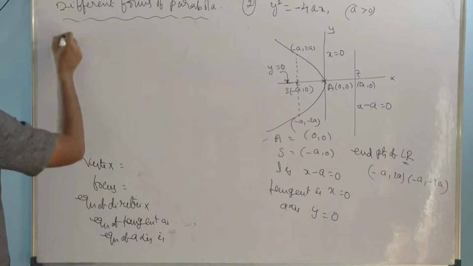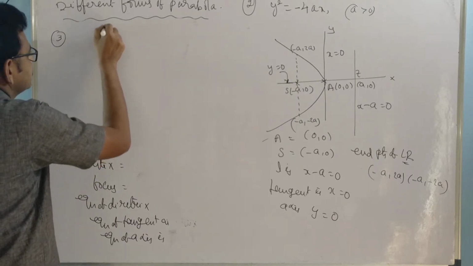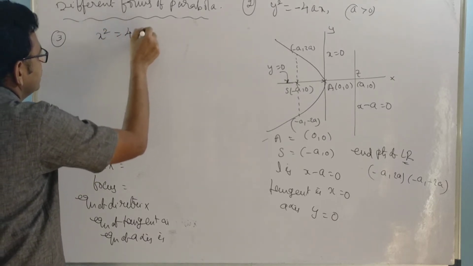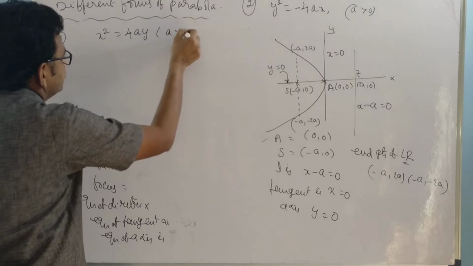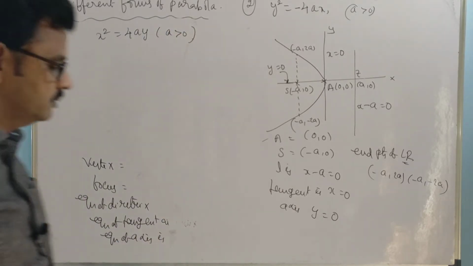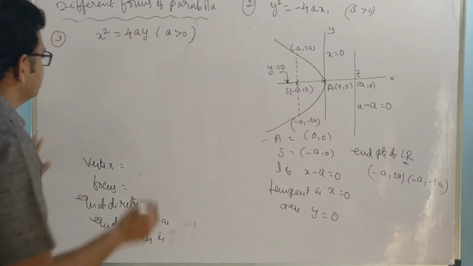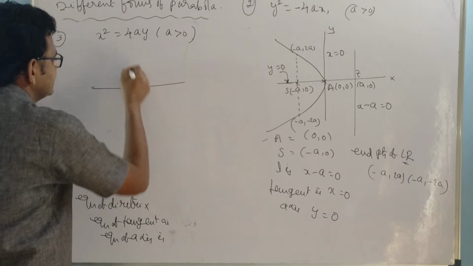Next one, third one. In the equation of parabola, x square is equal to 4ay, where a is positive. The powers of x are even, therefore the curve is symmetric about y-axis.